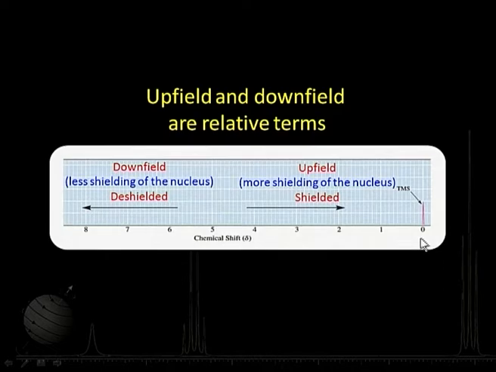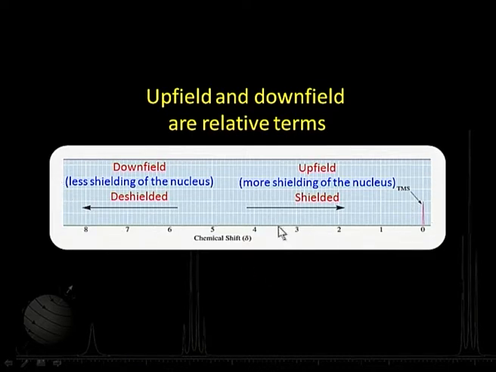Let us move further and reaffirm the meaning of upfield and downfield, because we will be using these terms very often. They are relative terms. This is my delta scale, with TMS here, the high field side here, and the low field side there.